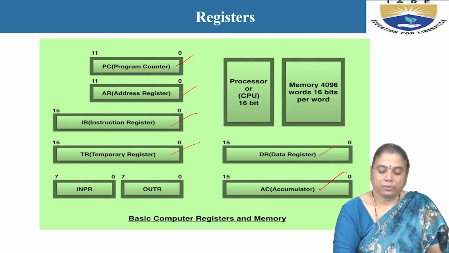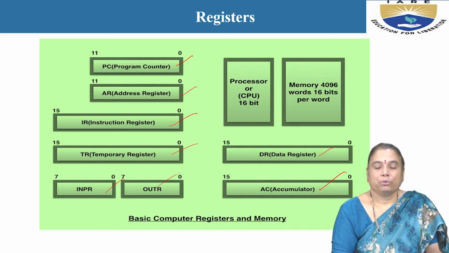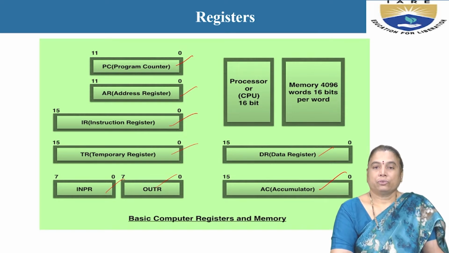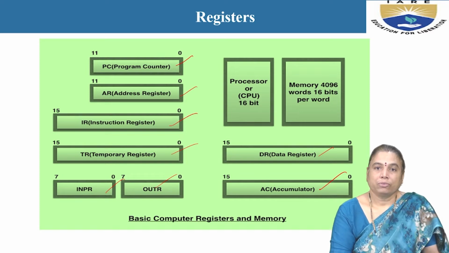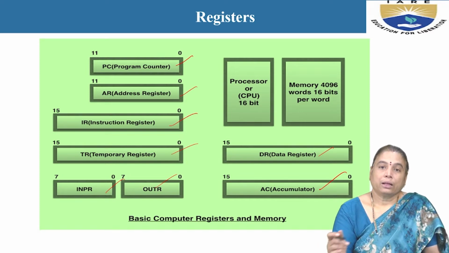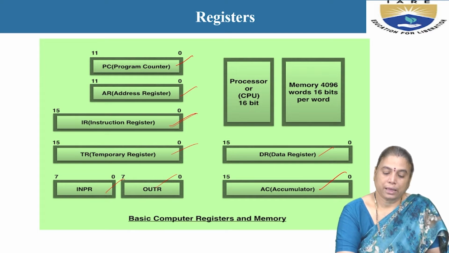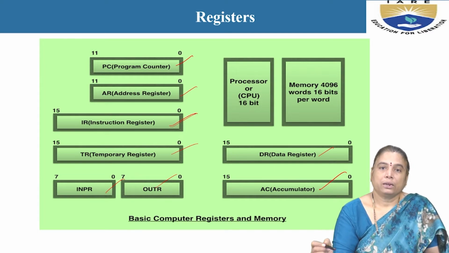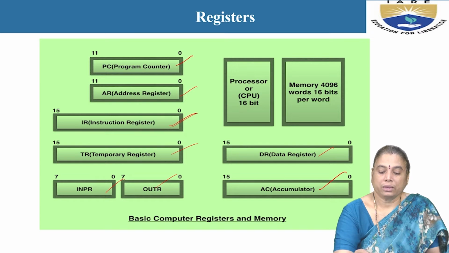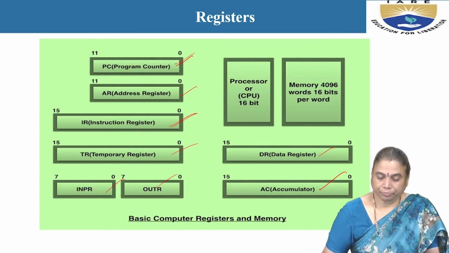Next, the temporary register, input register and output registers are used to facilitate input and output operations, and the TR register is used to store temporary data during processing. So these are the various categories of registers. The address of the current instruction being executed is stored in the IR register, and the address of the next instruction to be executed is stored in the program counter register.